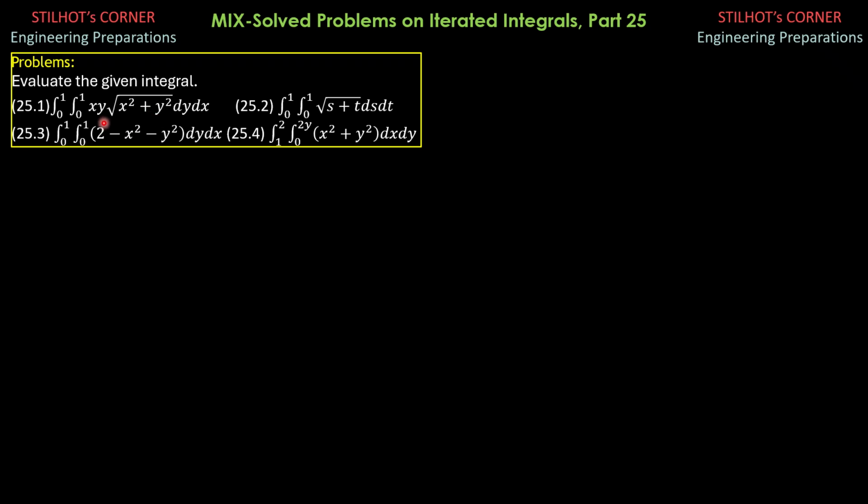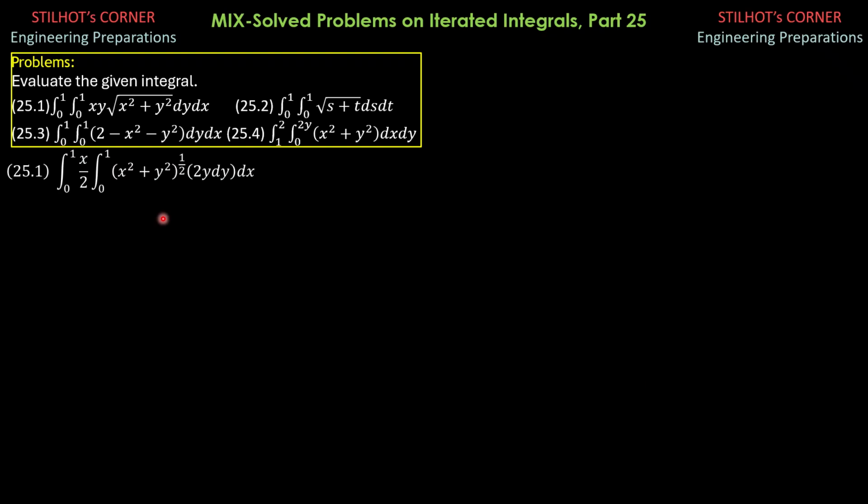There is already y here, so we introduce 1/2, so that we can apply the power formula. x is constant, so 1/2 x times the quantity x squared plus y squared to the 1/2 times 2y dy, then dx. So this is in the form u to the 1/2 du.